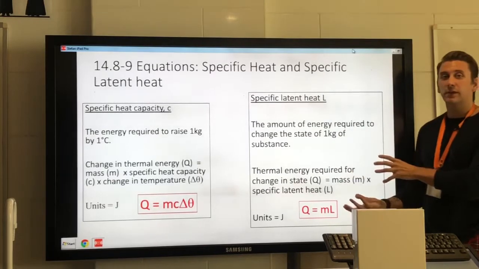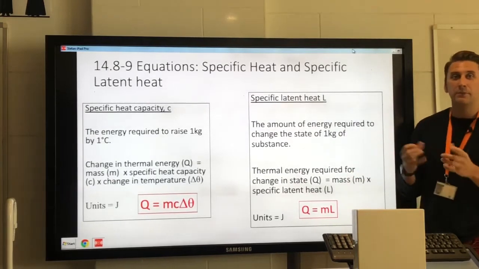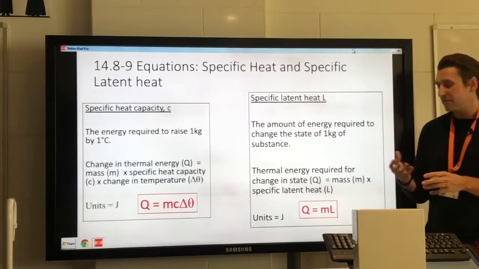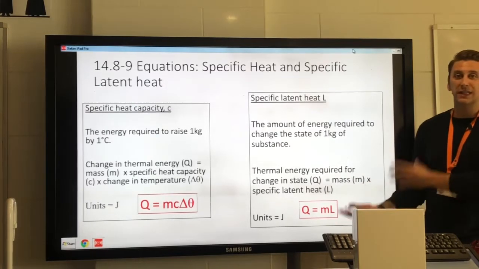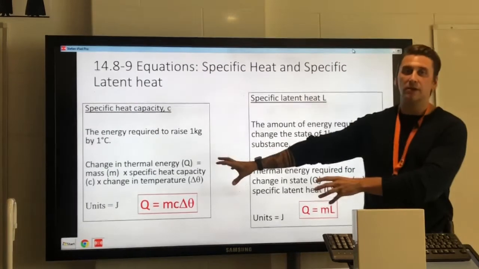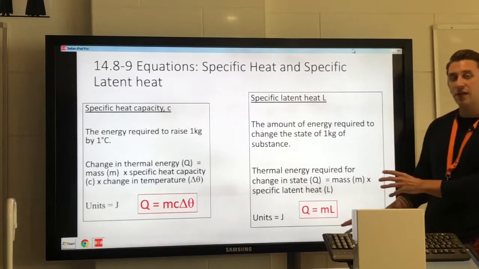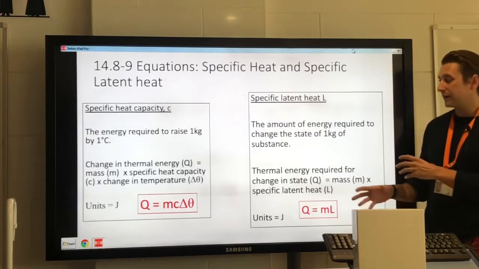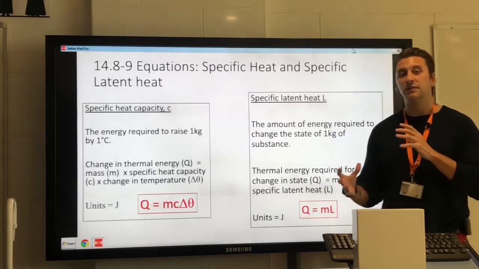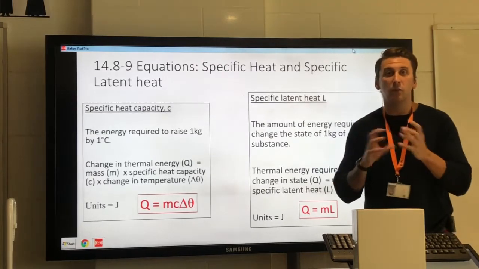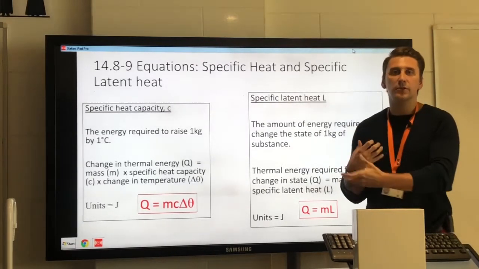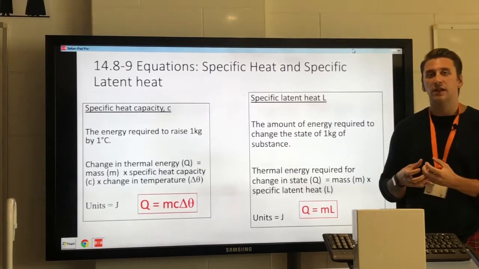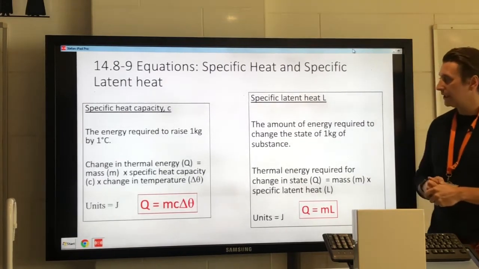But if I'm dealing with a state change, whether it's evaporating, melting, condensing, then it will be Q equals ml for the latent heat. So temperature changes are mc delta theta and state changes are Q equals ml. Some questions, which we'll have a look at in a second, can require the use of both in one question. You may be changing temperature at some point, and then you may get to a state change where you have to use both equations in the question.